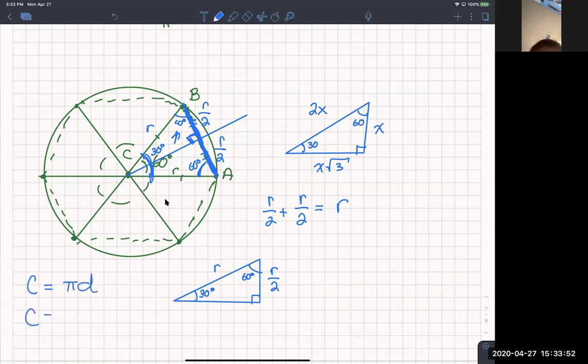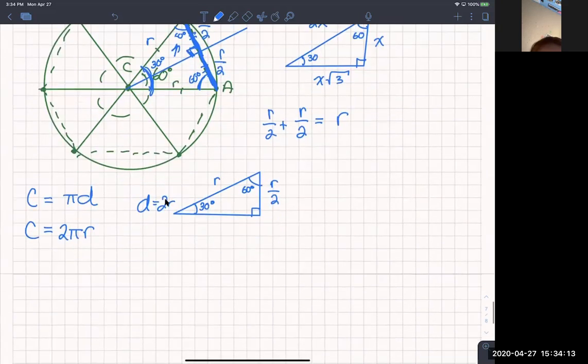But how are the radius and the diameter related? The radius is half the diameter. So 2 times the radius gives me the diameter, right? Yes. So this is 2 pi r.